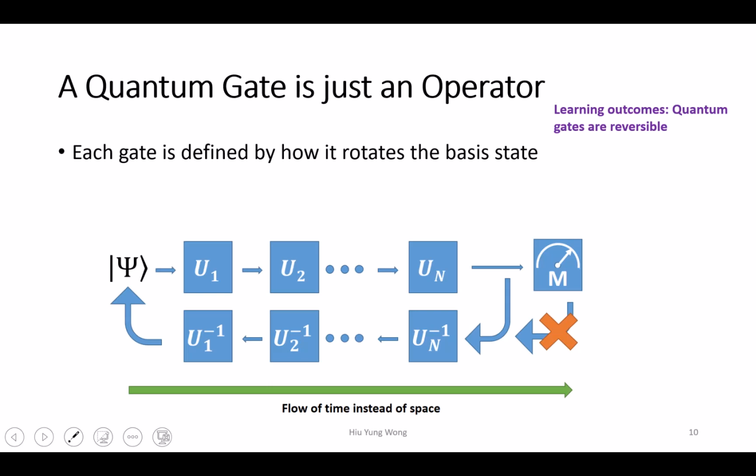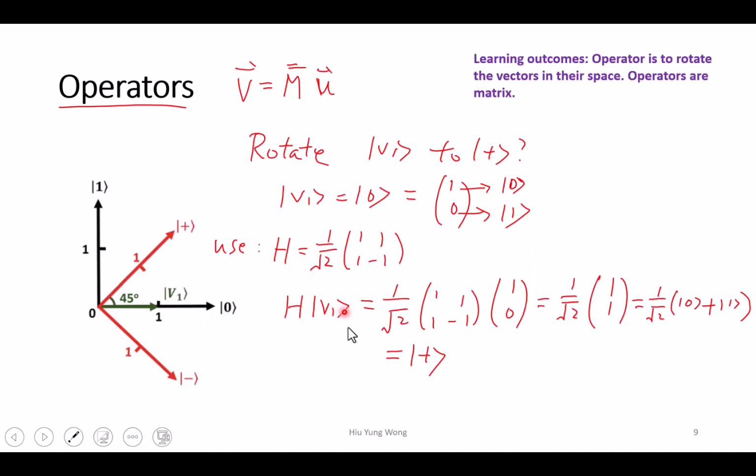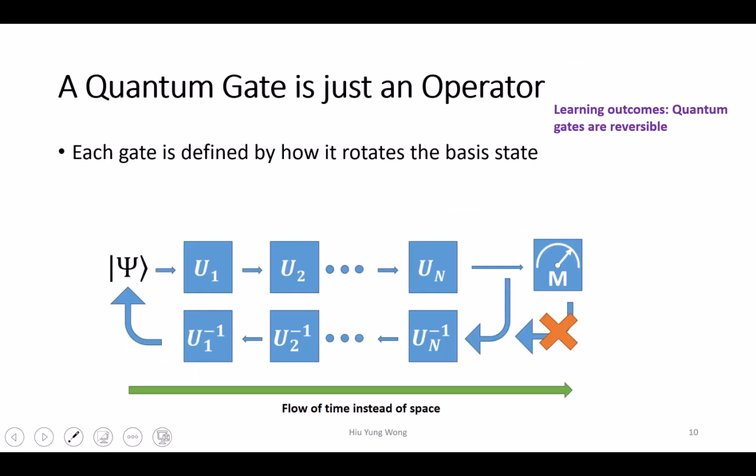Physically, they are microwave pulses, laser pulses, right? And then you keep rotating them, right? And eventually, you do the measurement. Before you do the measurement, everything is reversible. Okay? Because we are just talking about a rotation, like you say in image processing. I can rotate it to the left, then I can rotate to the right. I won't lose the state if I rotate it. I mean, it's reversible. That is what I mean, right?